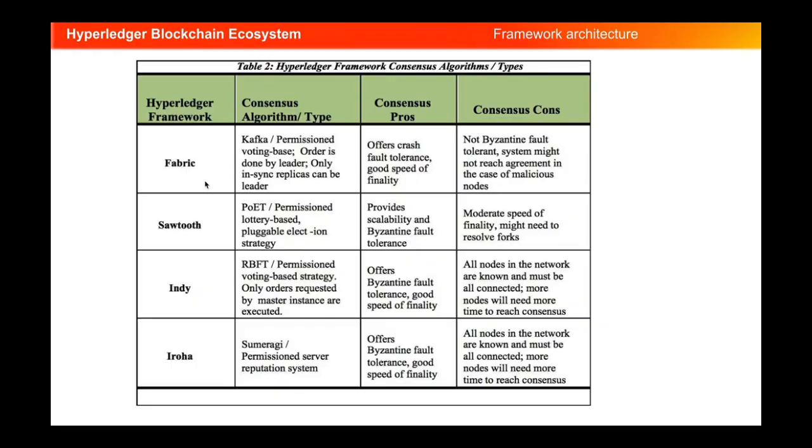Please go through this slide, where you will understand which Hyperledger frameworks use different consensus algorithms, and the pros and cons of those algorithms. Moving on in this lecture, we are going to have a deep dive into the Hyperledger framework Fabric, the consensus algorithm it uses, and its pros and cons.